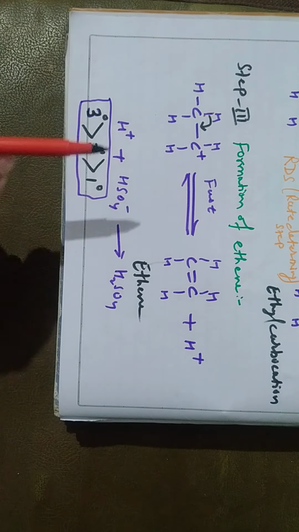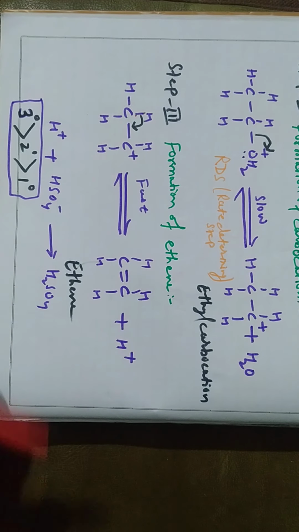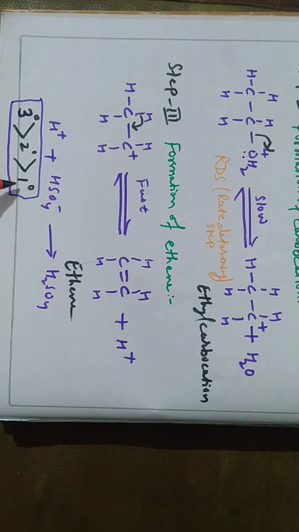Your answer is that 3 degree alcohol is more reactive than 2 degree and 1 degree. Why? You know that a 3 degree carbocation is more stable than 2 degree, and 2 degree is more stable than 1 degree. Therefore 3 degree is more stable.